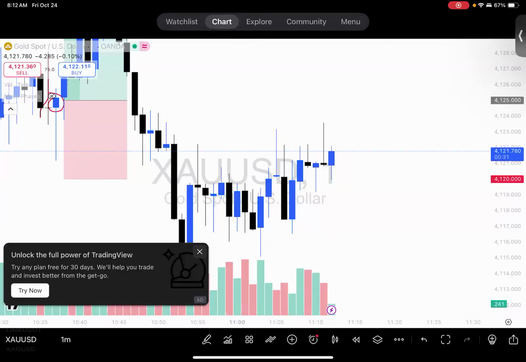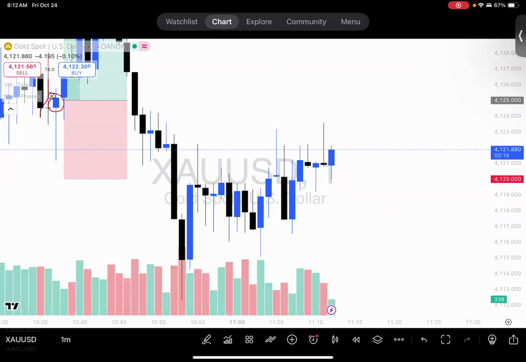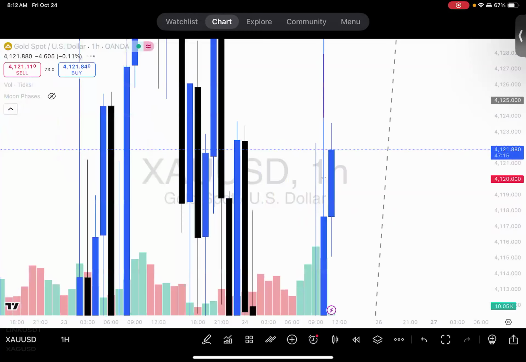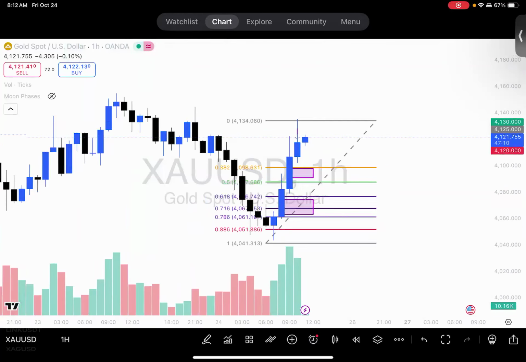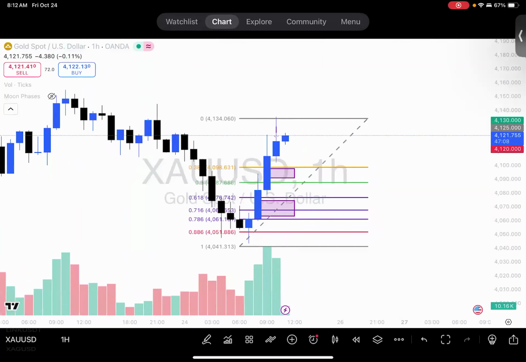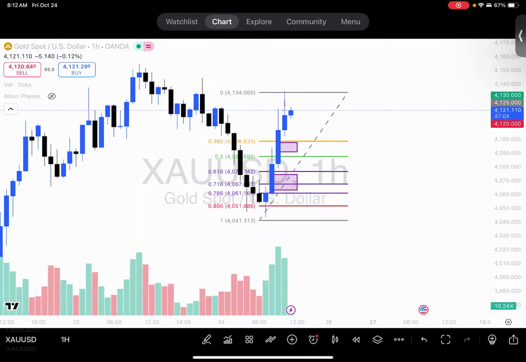And then looking to ride this down to 4,095 for the rest of the day. But other than that, I won't be looking for anything on gold. We're kind of waiting to see what's going to happen from here. If we get these pushes lower, maybe next week we're going to look to buy out of this area, depending on what the market is doing.